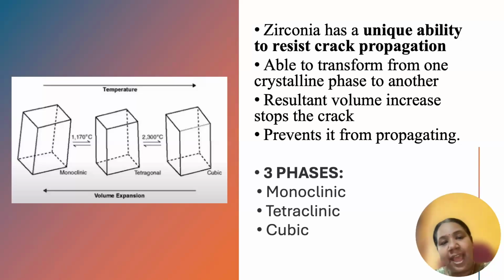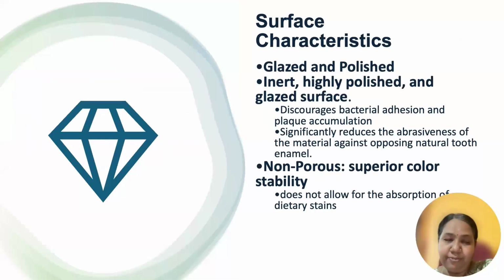This stops the crack from propagating, because of which zirconia is able to resist cracks and has such good strength properties. So we will have to remember that it is able to transform from one crystalline phase to another.